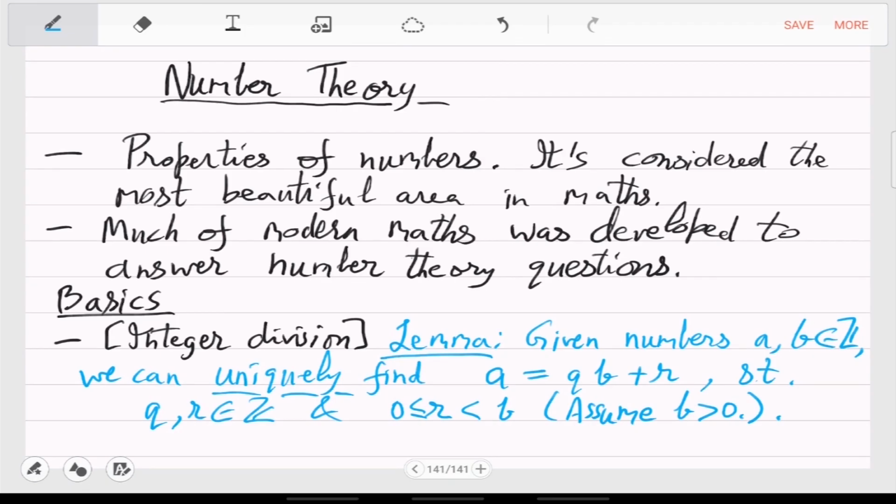What is the proof of this? Well, is it clear that q and r exist? That is just the long division algorithm. Now, why is it unique? So there are two parts here. First part is the existence.